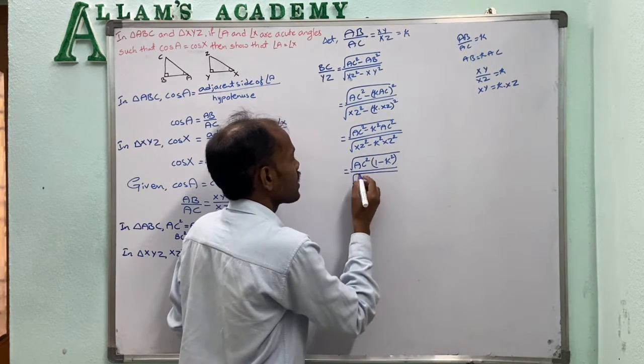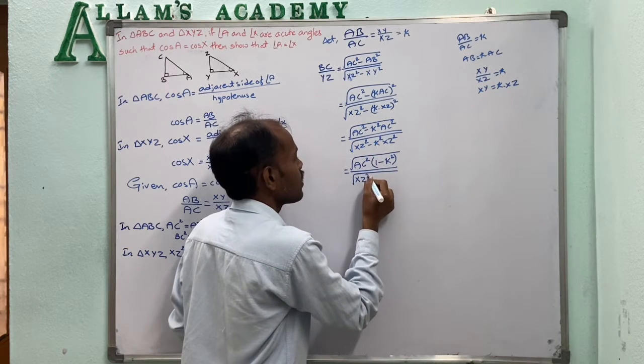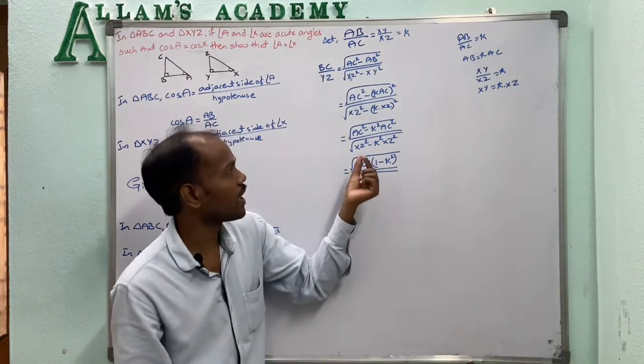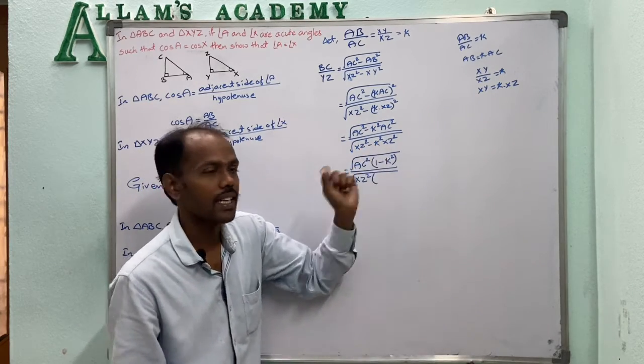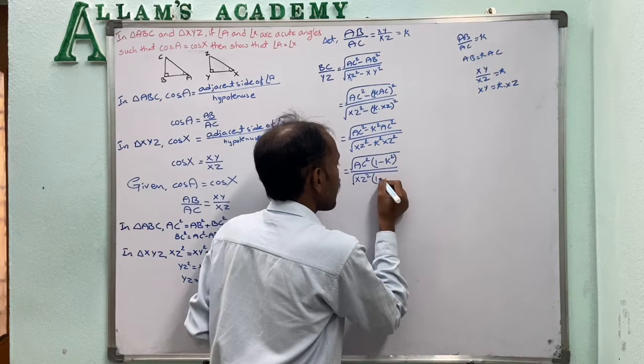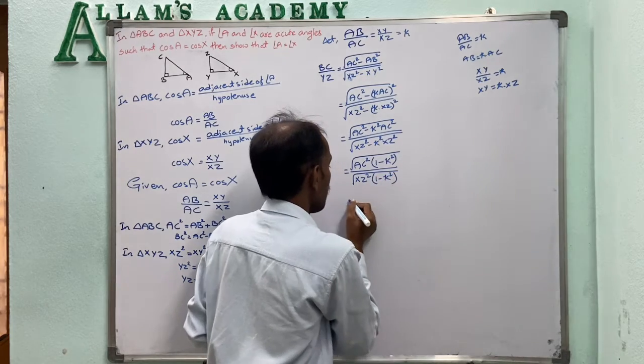Now in the numerator, AC square is the common number, so taking AC square common, we get 1 minus k square. In the denominator, xz square is the common number, so taking xz square common, here also 1 minus k square.